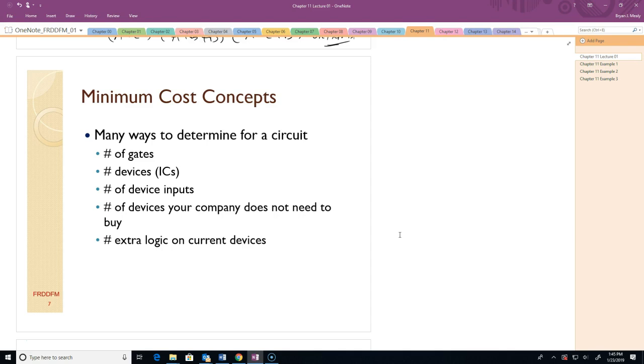And you might have some extra unused gates on your current ICs in your project that might help also. They'll say, well, we want to implement this equation such that we can use some of our unutilized gates on existing hardware and on a given board. So lots of different concepts. I'm not too far into it, but I thought I would work through one example for you.